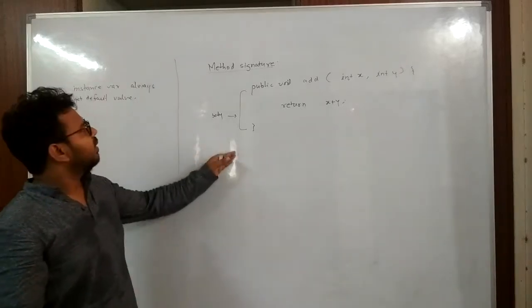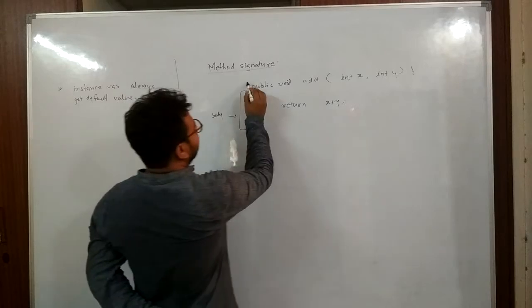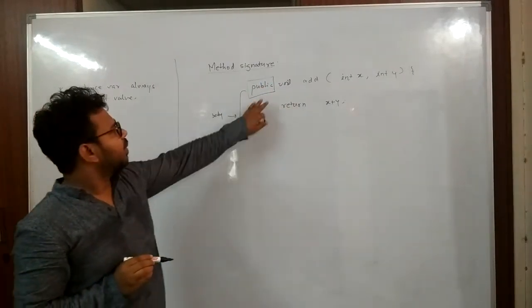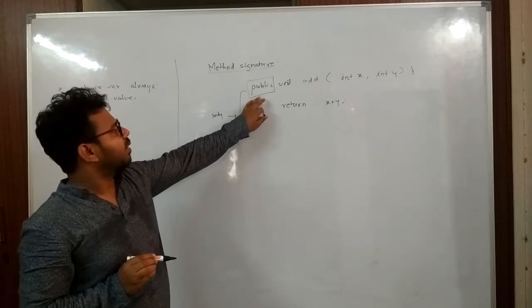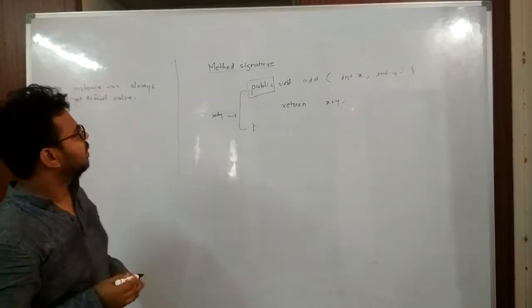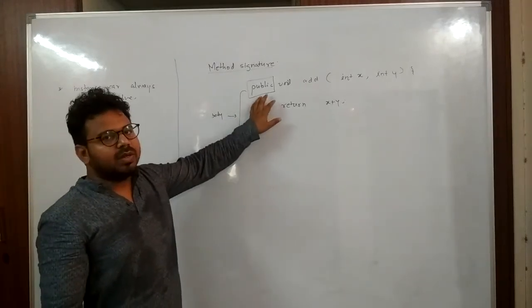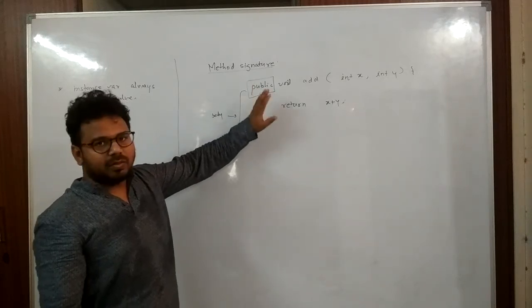So let's understand the method signature. Here, this public tells about the visibility of this method; it is the access modifier.